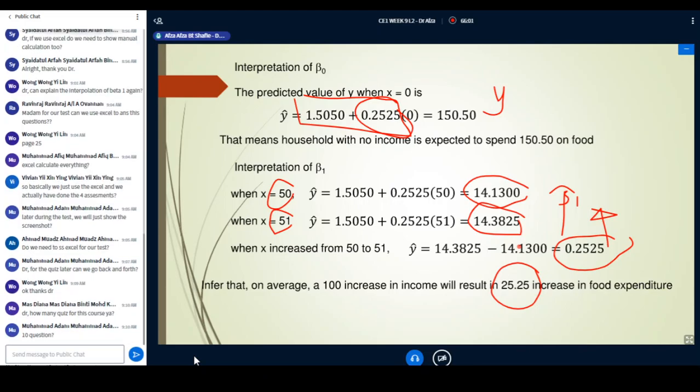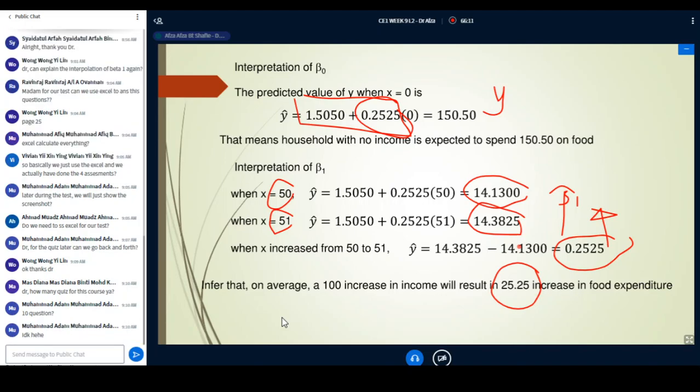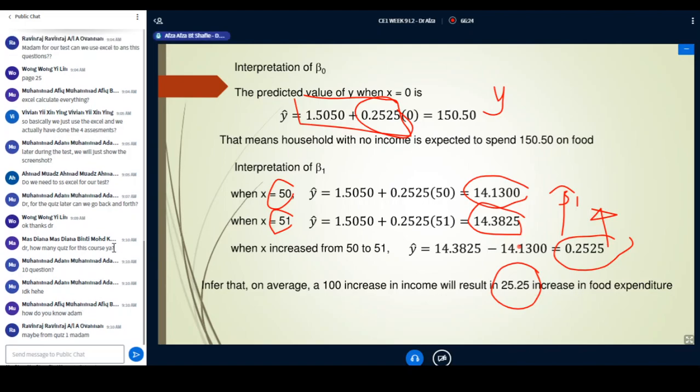10 questions. How do you know it's 10 questions, Adam? I don't know. Okay, Adam, it's 10 questions, I think. You must have heard it from the other groups. Quiz one had 15 questions.